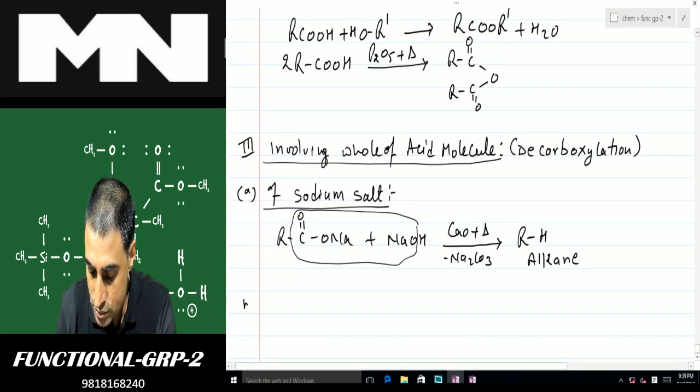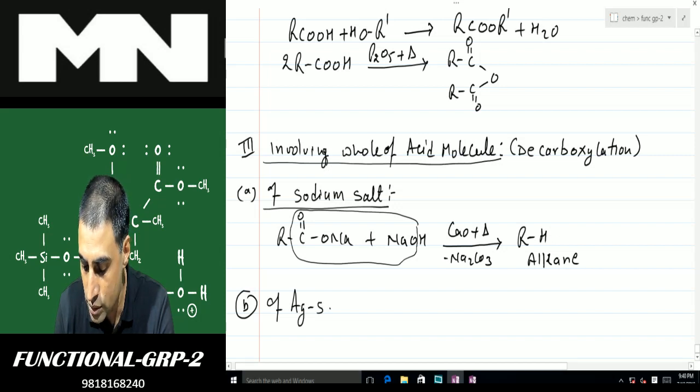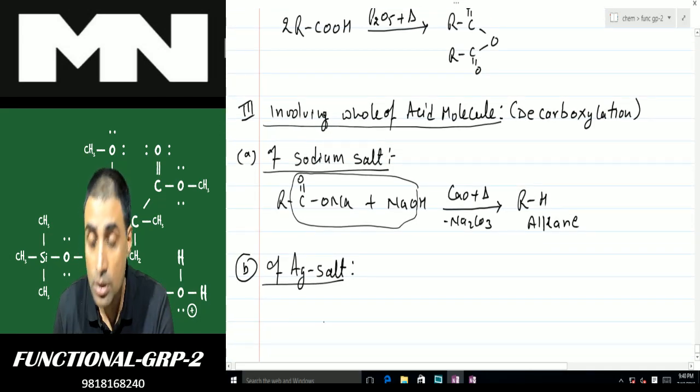Likewise, decarboxylation of silver salt of carboxylic acid, we have already done this in the preparation of halogen derivatives.